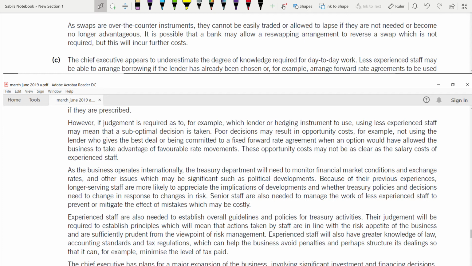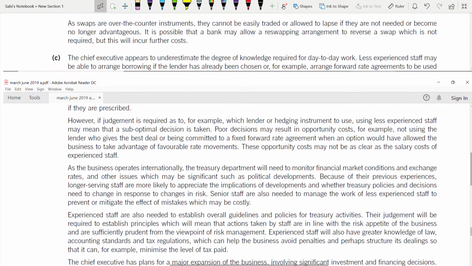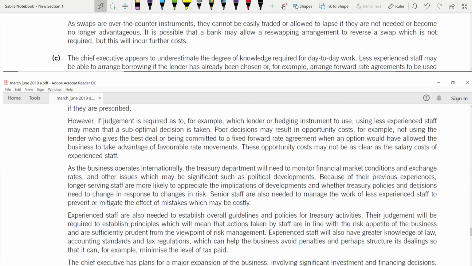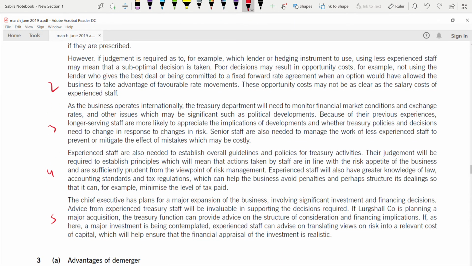You have to say whether you are for or against. Let's see how they have written the answer, and it's for 5 marks. 5 marks means you have to write at least 5 points. So you have to know the 5 points. If you see it paragraph-wise, this is one paragraph, this is the second paragraph, this is the third paragraph, this is the fourth paragraph, and this is the fifth paragraph. There are 5 paragraphs talking about 5 different points.